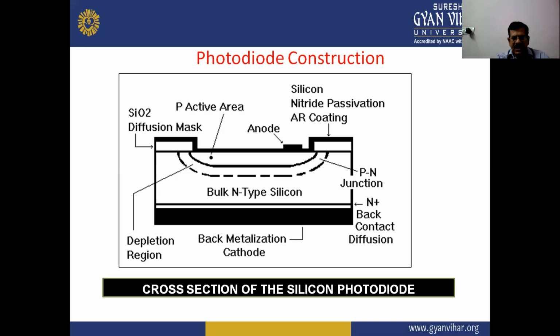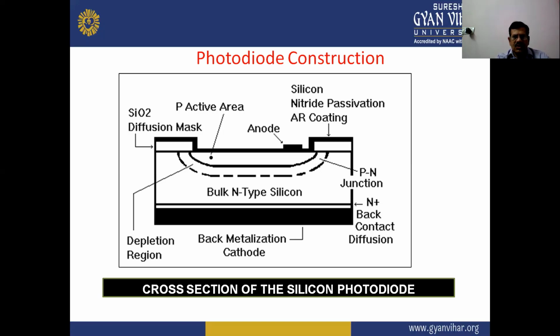So the back metallization is called the cathode, and here is the back contact diffusion layer, and above this back contact diffusion layer is the heavily doped N plus type semiconductor.